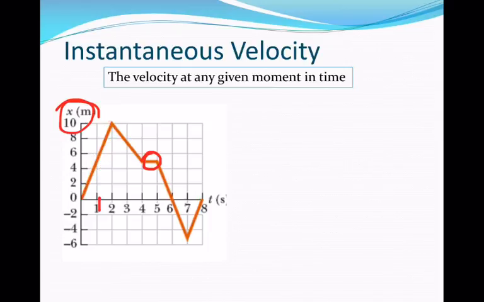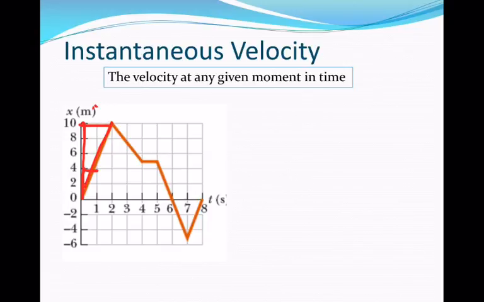So if I look at this and I'm doing slopes, I start here, rise over run. I rise 10 and I run 2. So 10 over 2 is 5, right? This is 5 meters per second.